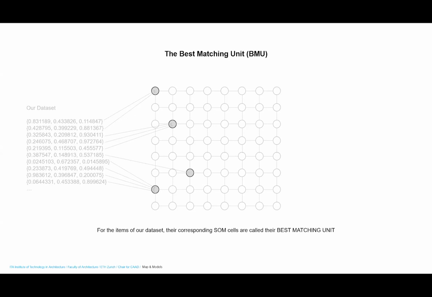This projection, this mapping, is measured by the Euclidean distance between the element of our data set and the feature vectors of the SOM cells. So the best matching unit is the cell that has the minimum Euclidean distance to the item of our data set. So this is the mechanism.